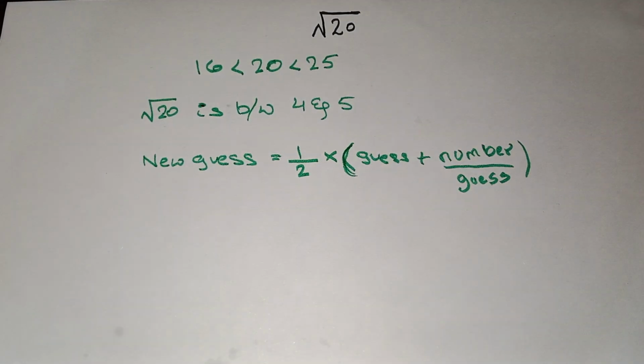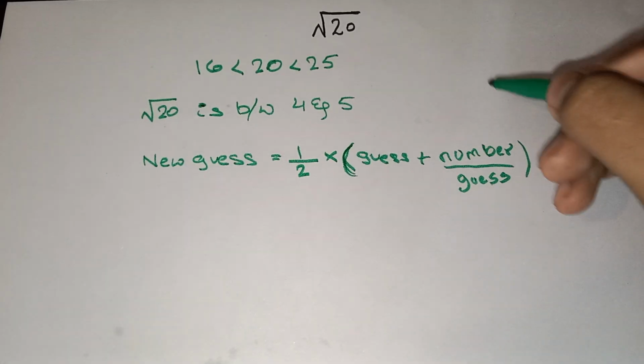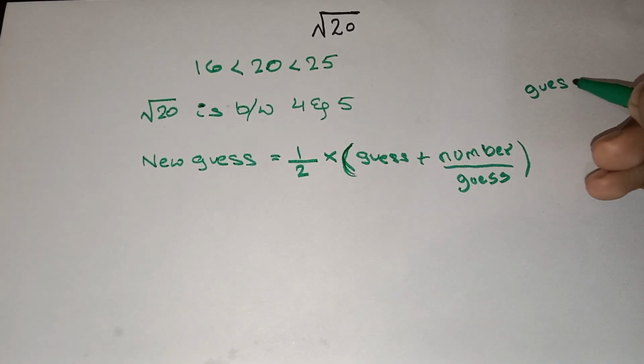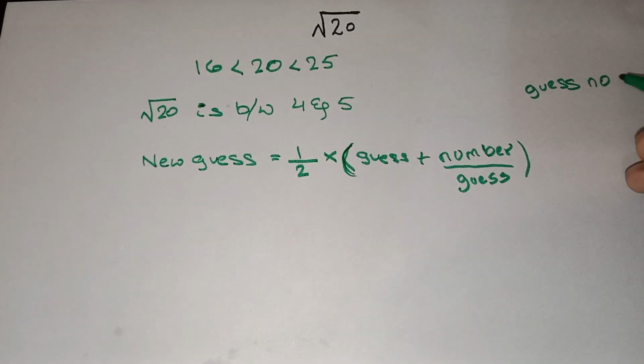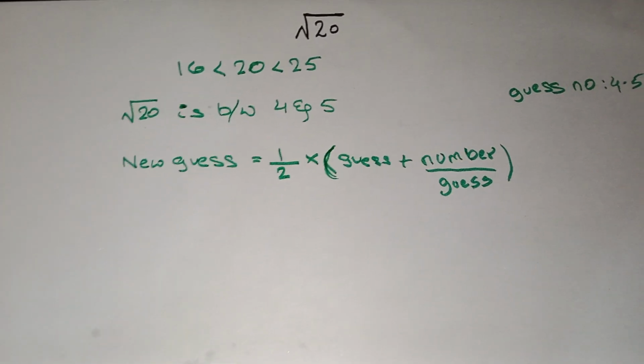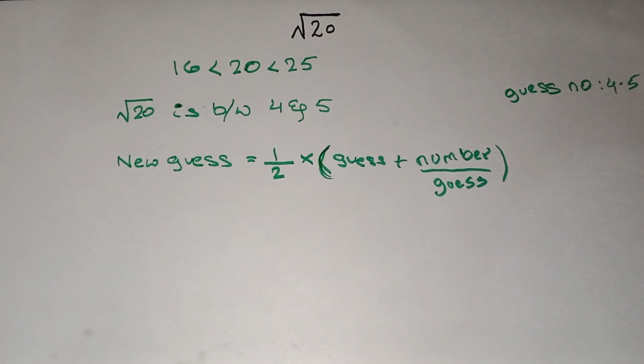Now the guess number that we have taken, over here I am writing at the side, is 4.5. Now we will implement this guess number, which is 4.5.